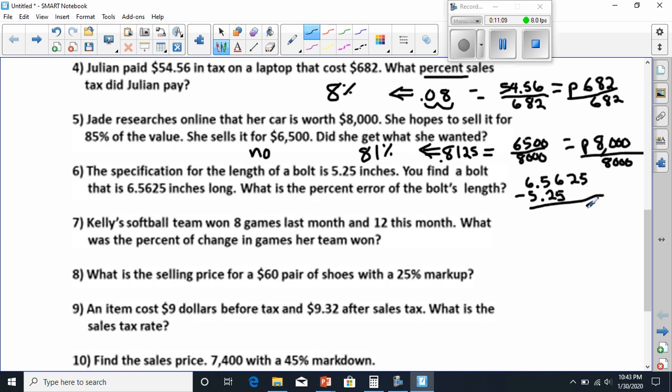We do this, we see we have 1.3125. And now we have to divide that by the original number, right? Remember, it's big number minus small number divided by the original number. Well, the original number was the specification for the boat. So we're going to have to take that number and divide it by 5.25.